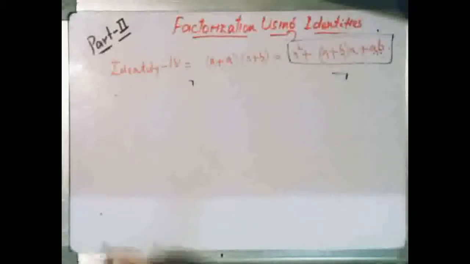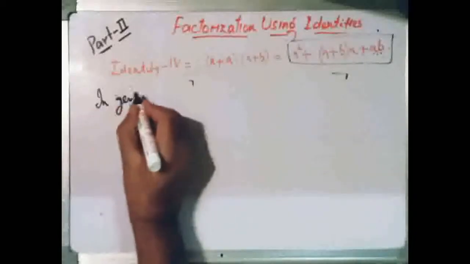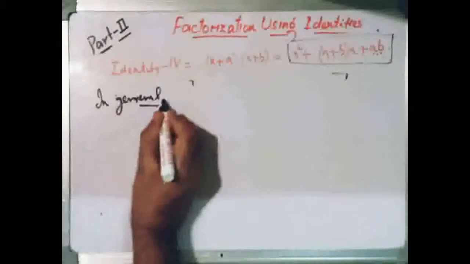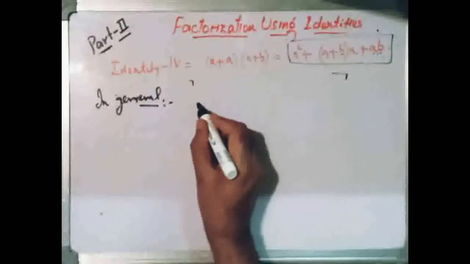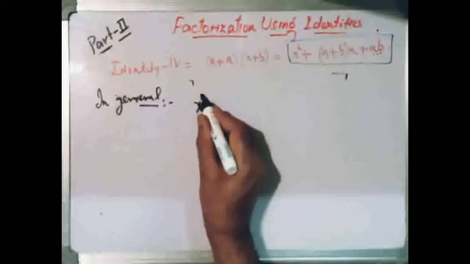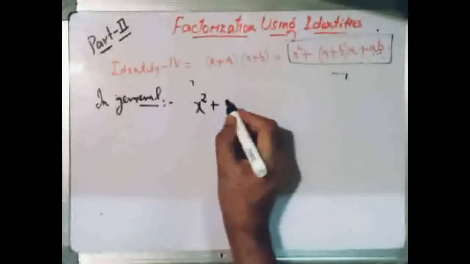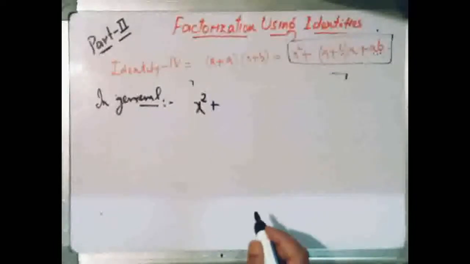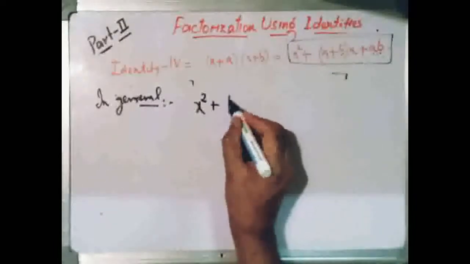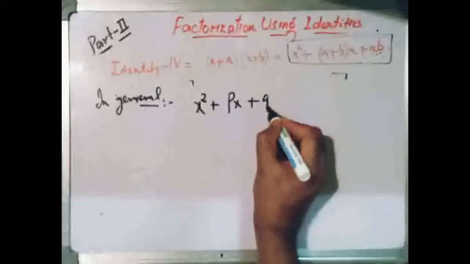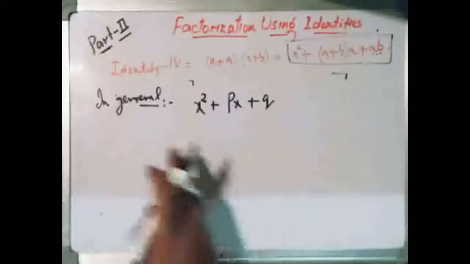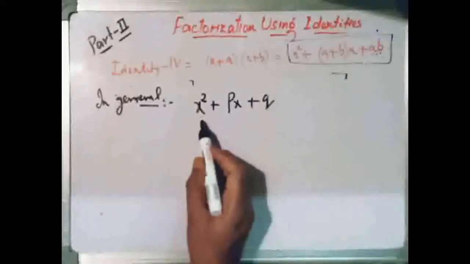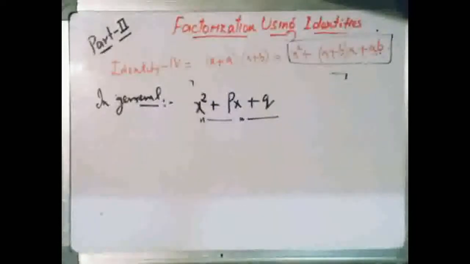In general, if you encounter algebraic expressions in one variable of the form x square plus px plus q, which is the general form of the expression we discussed a minute ago, what do you have to do in order to factorize it?